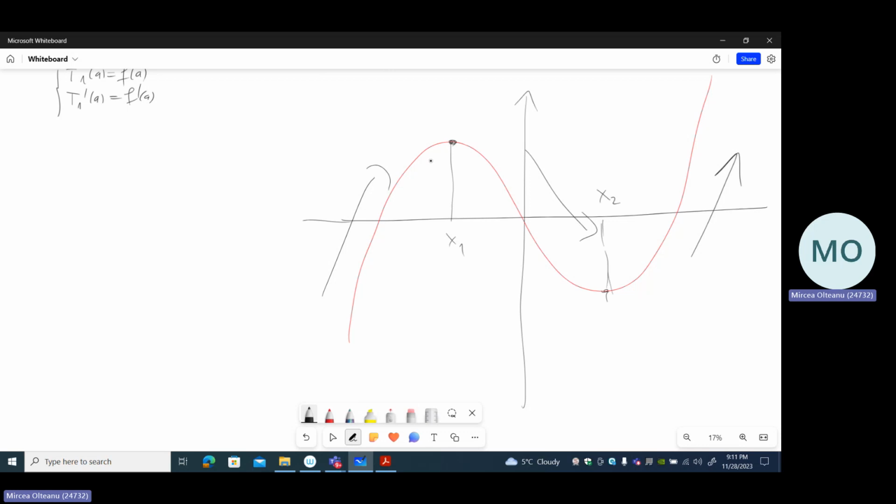What happens at x1 and x2? Around this point, the value at x1 is the greatest value, while at x2, it is the least value around that point. These are extrema. So when we discuss the study of a function, we mean the monotony and to find the local extrema.